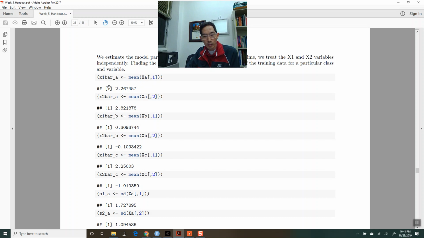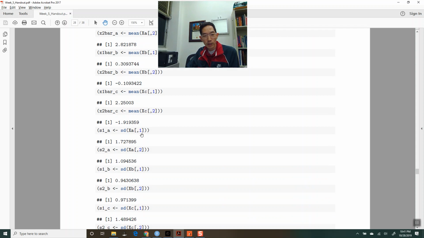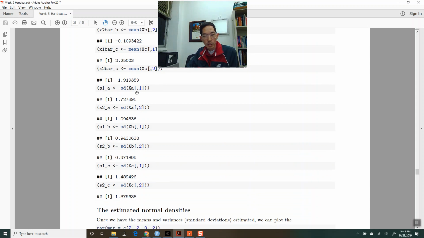The mean of x1, x1 bar, for class A is just the mean of xa for column 1. x2 bar for class A is the mean of xa, column 2, and I do that. And as far as the variance values go, I'm just calculating the standard deviation of each column individually. These are all the values I have to calculate.